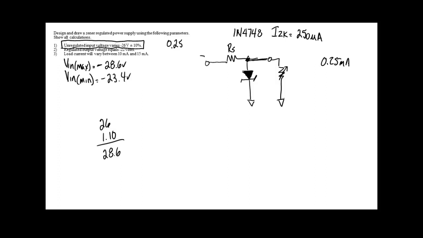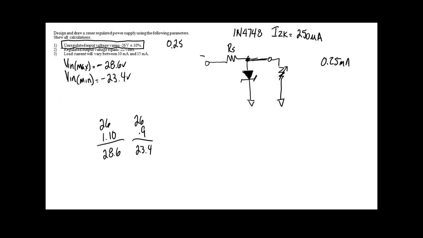If I wanted to go down, I would subtract it from 1. So 26 times 0.9, that's 1 minus 10%, right? Then that would give me 23.4.